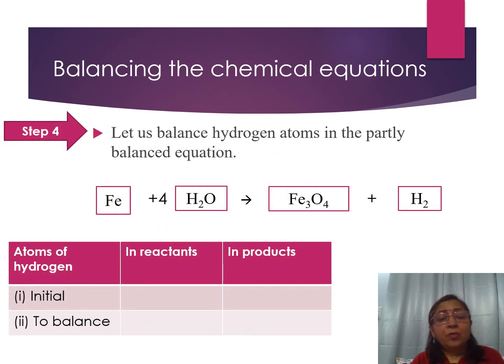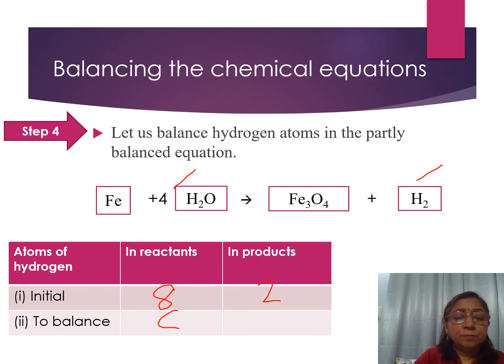Now step 4 is balancing the hydrogen atoms in the partly balanced equation. Now hydrogen in the reactant is 8 and in the product is 2. So to balance it, we will multiply it by 4.